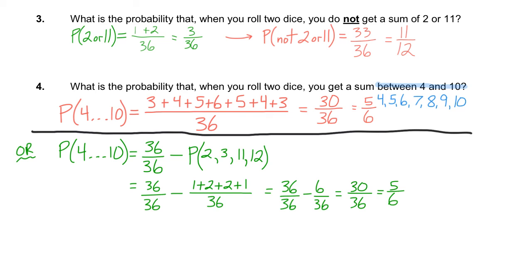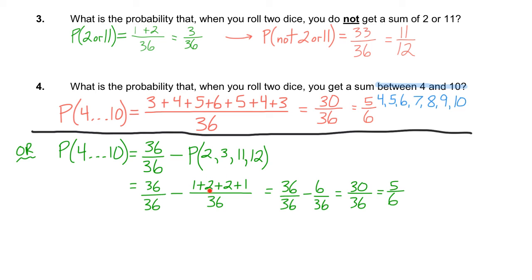The other way you can attack this problem is to use the idea of the complement. This is a lot of different outcomes to keep track of. What is not this? Well, it's rolling a 2, a 3, an 11, or a 12. Well, there's 1 way you can roll a 2. There's 2 ways you can roll a 3. 2 ways you can roll an 11. 1 way you can roll a 12.